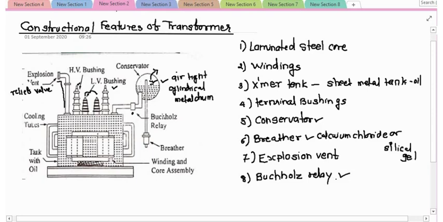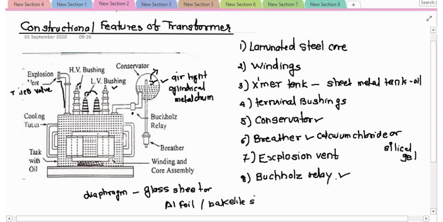It is provided with a diaphragm, which is made of glass sheet, aluminium foil or bakelite sheet. So this explosion vent is provided with a diaphragm which can be made of glass sheet, aluminium foil or bakelite sheet. So how is it working?